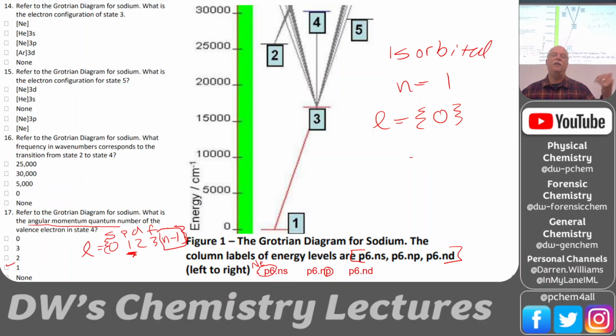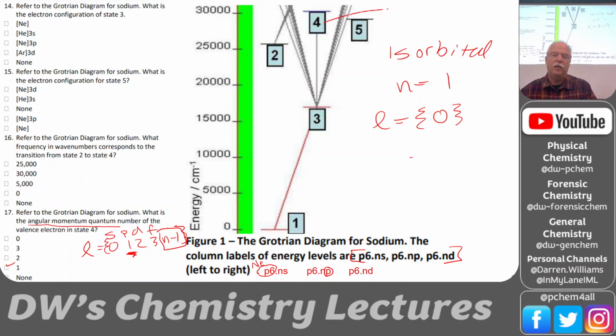And that's also why there's no 1d's, because if it's a d, l is equal to 2, and we can't have a 2 if n is 1. So then in row 2, now we have l equals 1, and so we could have a p subshell for the second row, but we can't have a d subshell. The very first d subshell comes in at n equals 3.